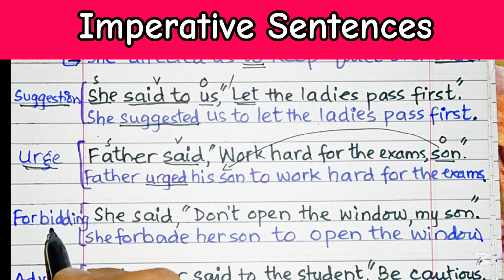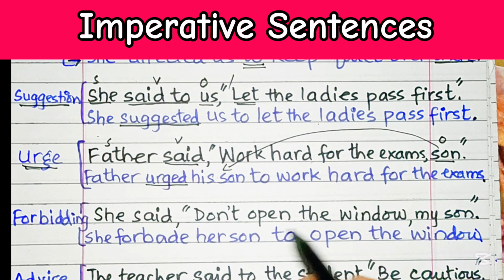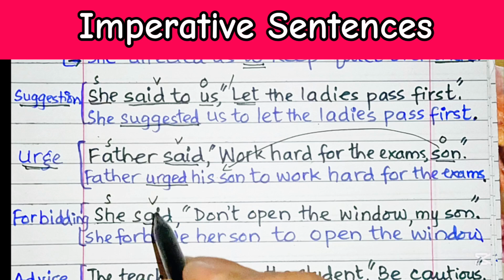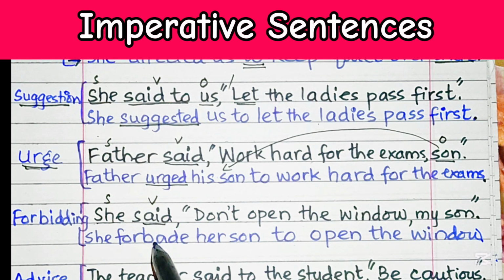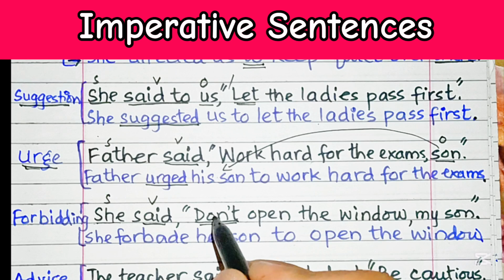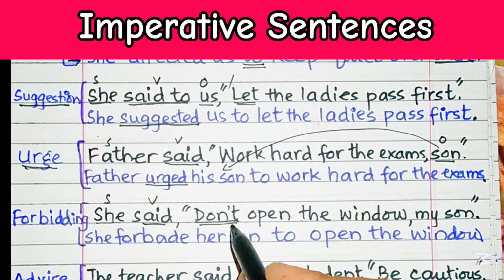Then if we want to forbid somebody from doing something, then we use "She said, 'Don't open the window, my son.'" So this mother is saying, this is the subject and this is the verb. So she forbade, because this "don't" is actually telling us that there is some activity that is to be stopped.